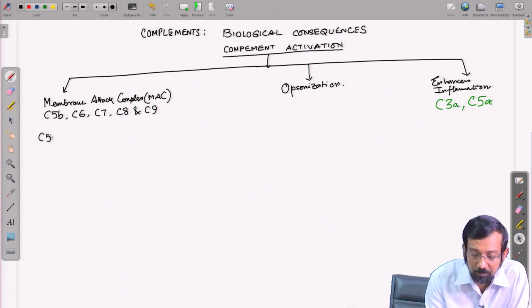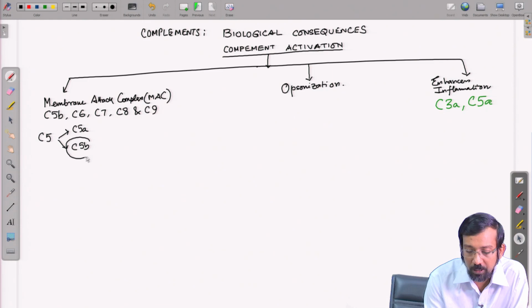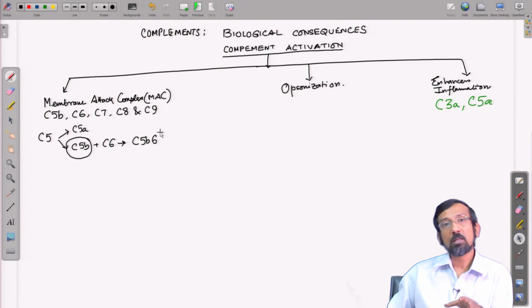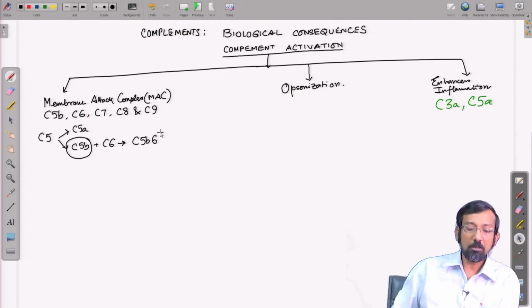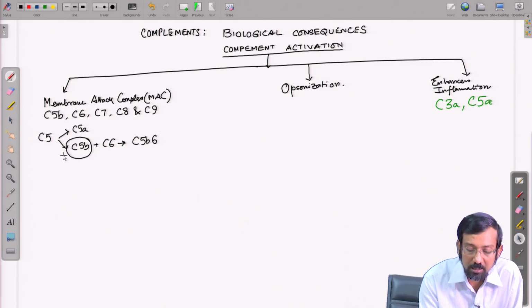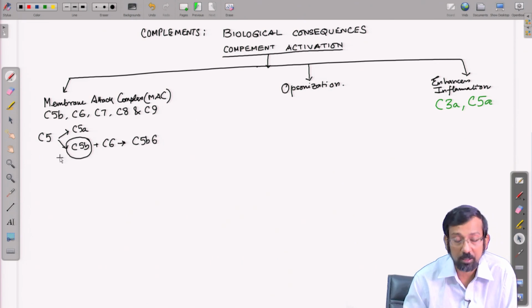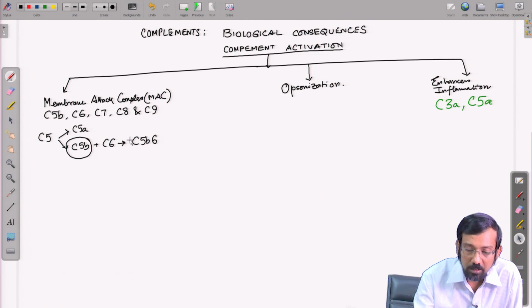So, C5 which is broken into C5a and C5b, and this C5b then associates with C6 and forms what we call C5b6. Now, this is a rather stable complex, because C5b itself gets degraded very fast.